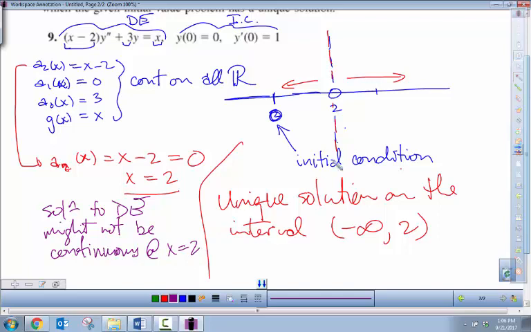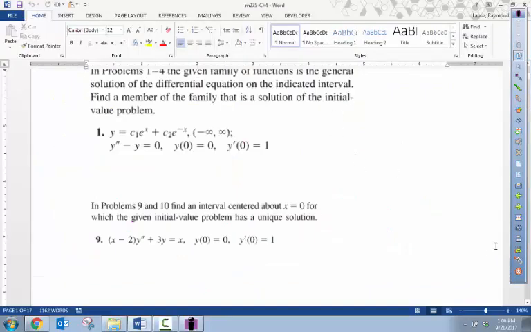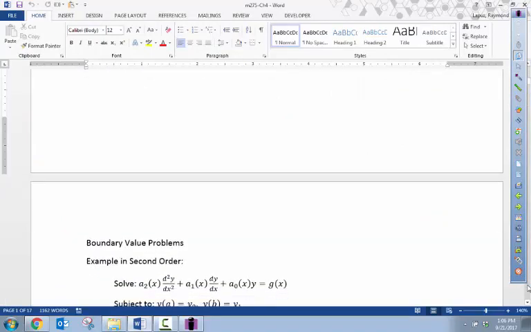All right. So that's the IVP. Let's take a look at the BVP.